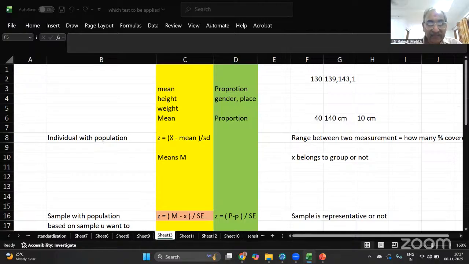And from that, suppose it is income, and mean income per month per capita is 2,000 rupees, and standard deviation is, let's say, 100 rupees, then if someone asks you how many lie between the monthly income of 1,000 rupees to 500 rupees, you should be able to find out. Will you be able to do that? Yes or no?